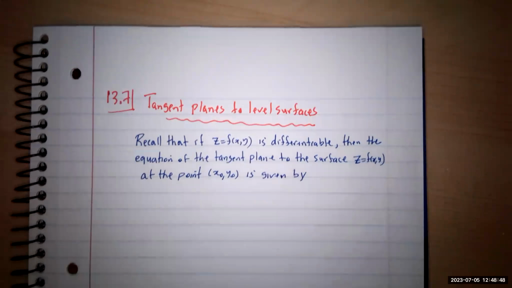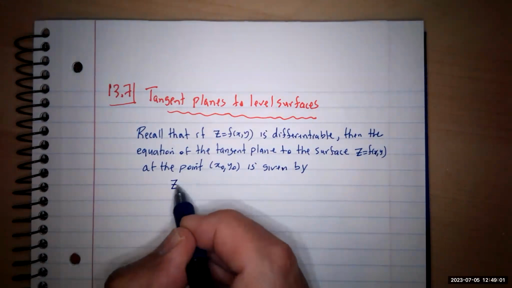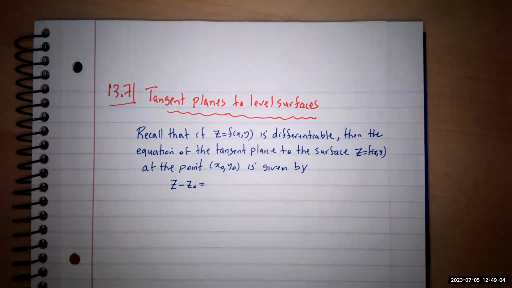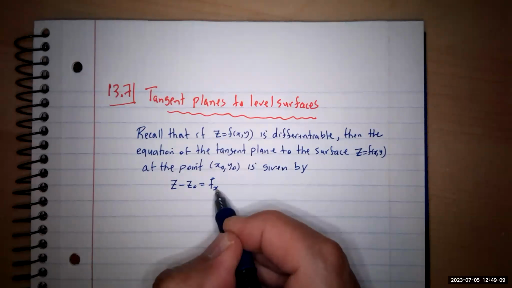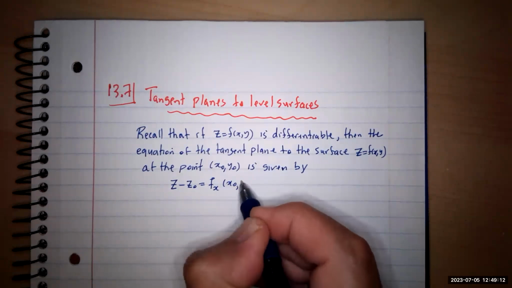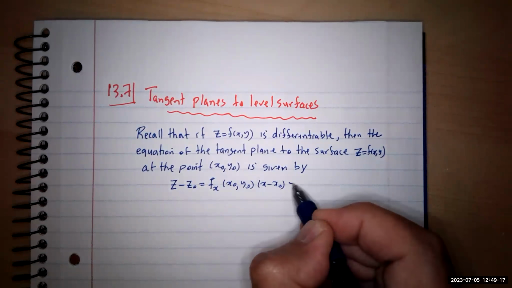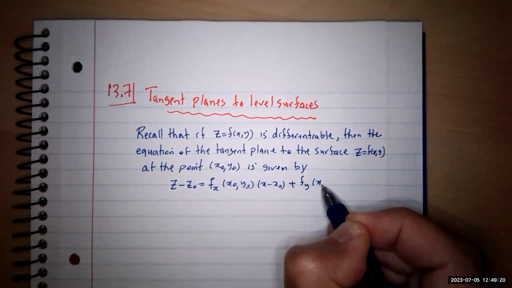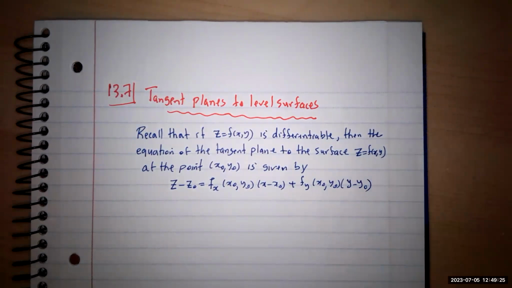that's it. Given by what? Remember, it was L of x, y equal to the value of the function. We change it a little bit. It's going to be z minus z0. Equal to the partial derivative with respect to x at x0, y0 times x minus x0, plus the partial derivative with respect to y times y minus y0. See, that gives you the plane.